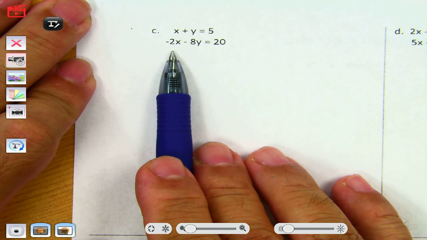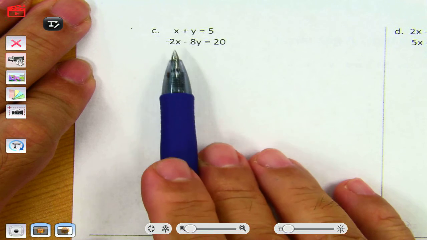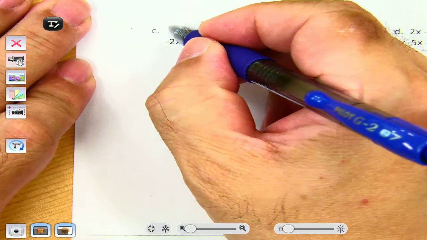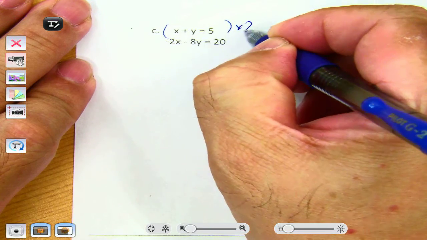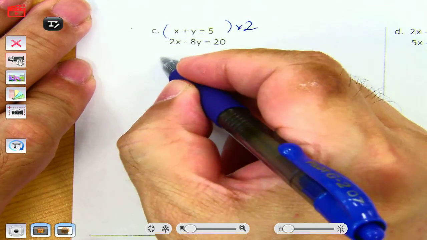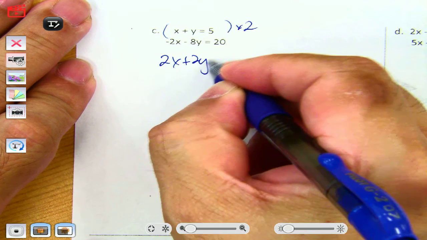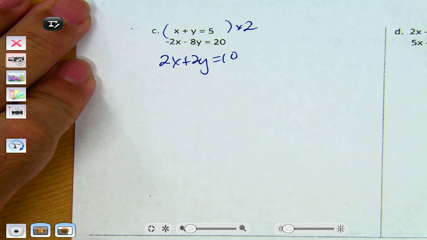A positive 2. Because 2 and negative 2 will cancel. So you're going to take that first equation and multiply by 2. So that'll be 2x plus 2y equals 10.